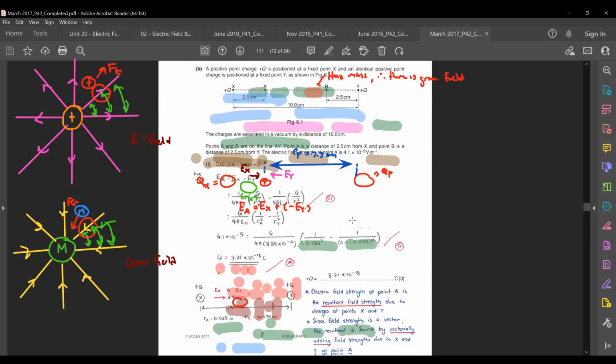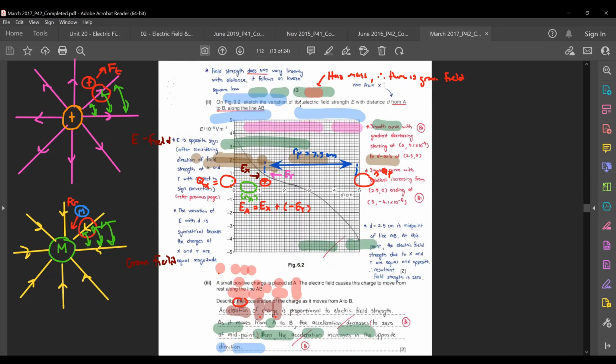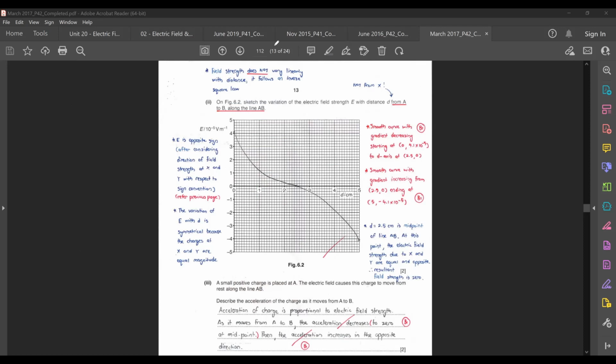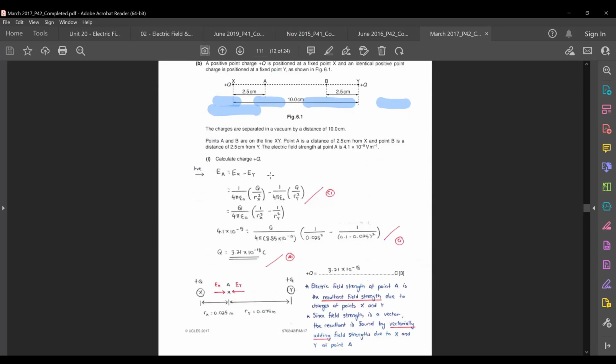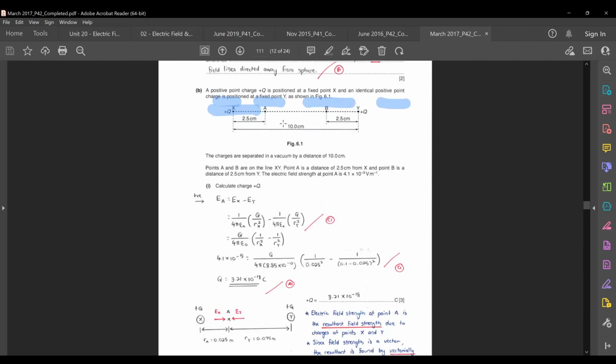if you move on to the next page, so here they then mention to you on figure 6.2, sketch the variation of the electric field strength E with distance D from A to B along line AB. Okay. So in your case here, they want you to sketch the variation of field strength with distance D from line AB.